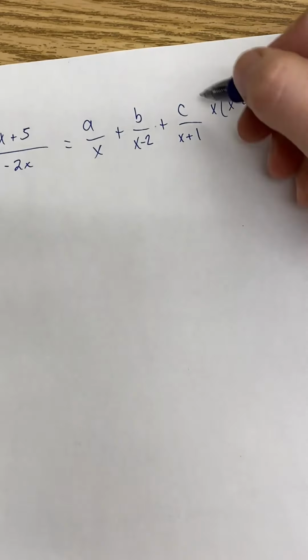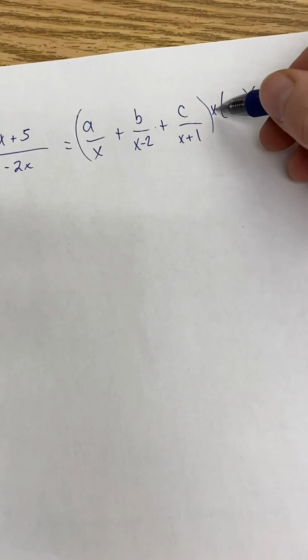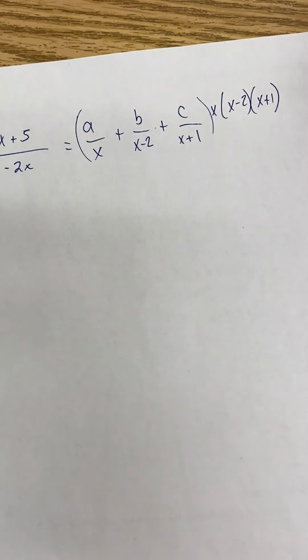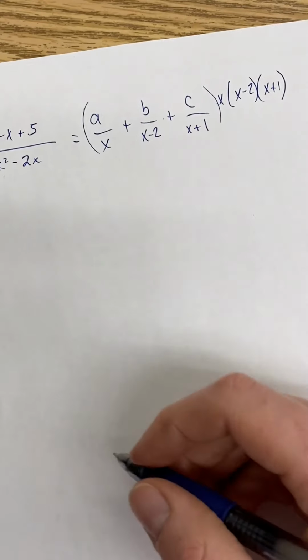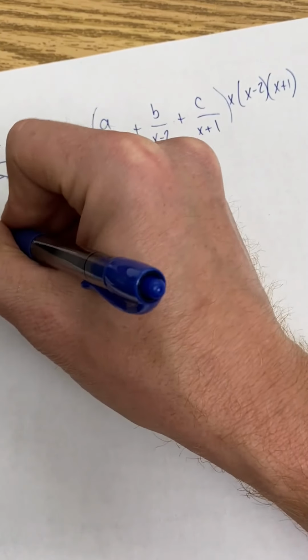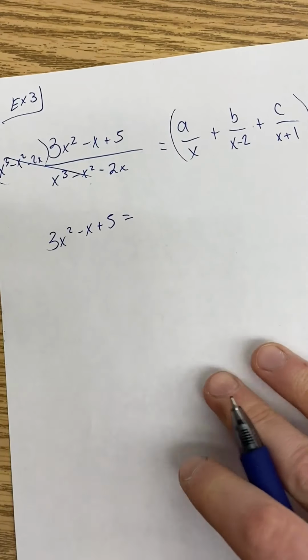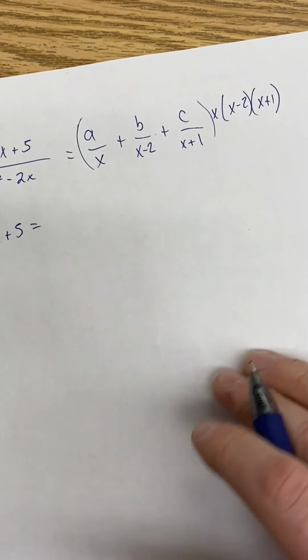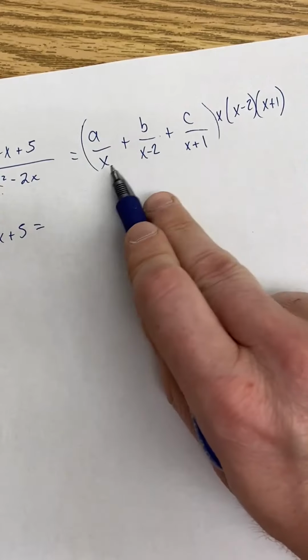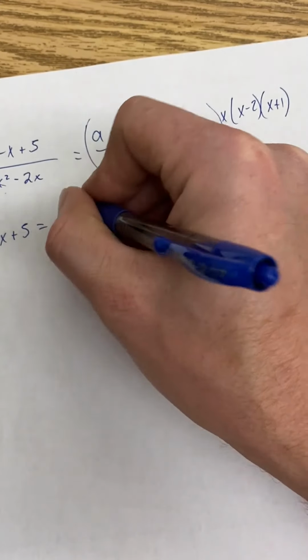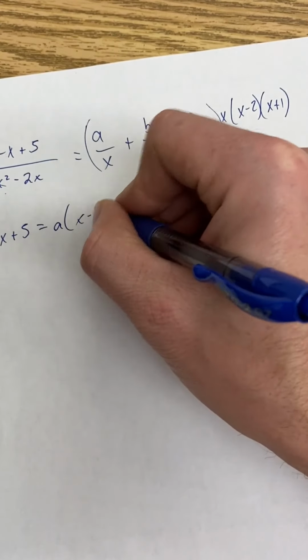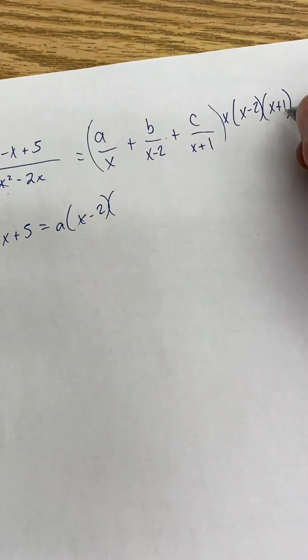So I multiply the entire side by x times x minus 2 times x plus 1. And I'm gonna go ahead and begin the next step, and hopefully this is okay. I can always clarify stuff later, I guess, if I need to. The x here and the x here would cancel out. So you would have a times x minus 2 times x plus 1.